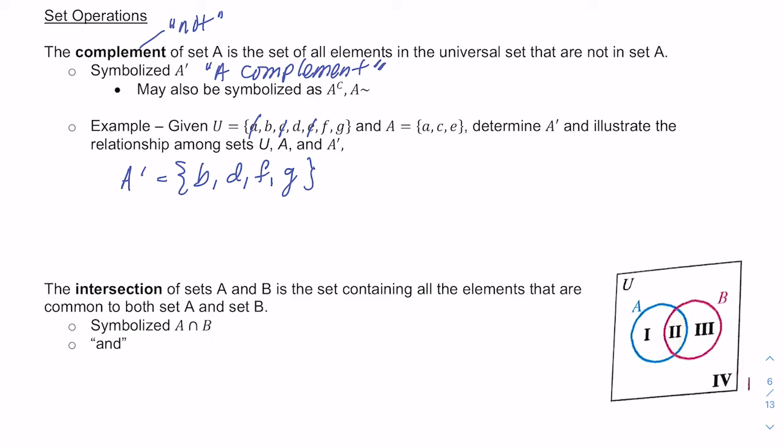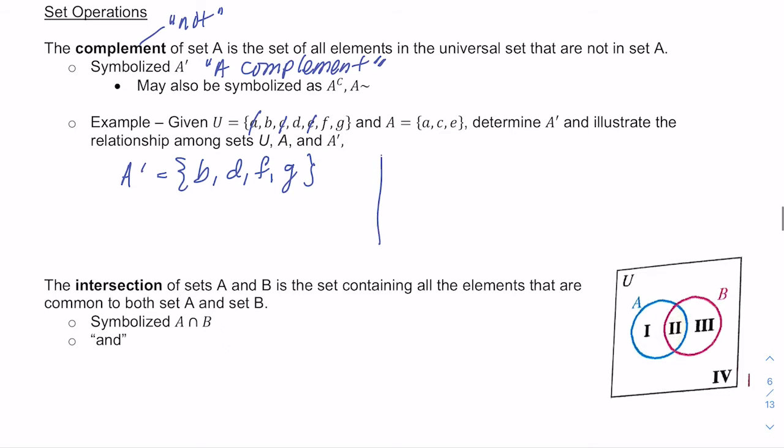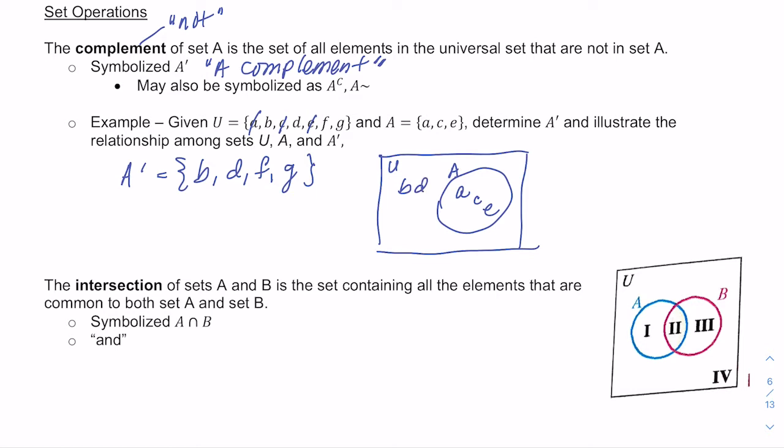And if I was to illustrate this somehow, here's my universal set, and here's my set A. Set A has A, C, and E. And my universal set would include A, C, and E, but also the elements that are not part of A. So A complement, which would go out here, would be B, D, F, and G. So this represents A prime.